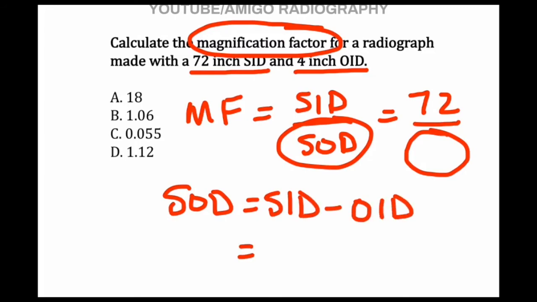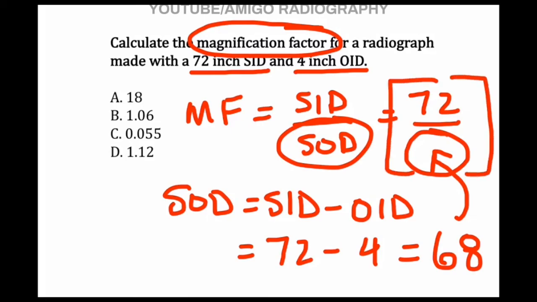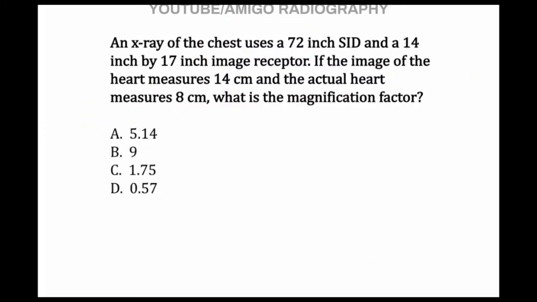The SID is 72, the OID is 4, and that gives us an SOD of 68. So we can plug that number in right there. That gives us a magnification factor of 72 divided by 68, which equals our answer B, 1.06.